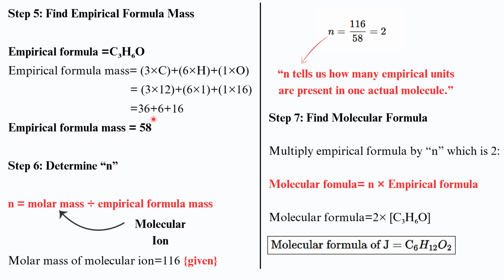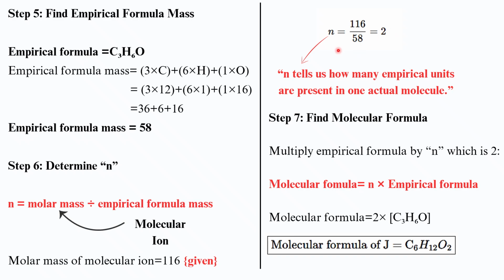Now, after determining the empirical formula mass, the next step is to determine the value of N. The formula that I told you to use is this: N is equal to molar mass divided by empirical formula mass. Molar mass of what? Molar mass of your molecular ion, which was given in the question. You will simply do the calculations, and you will end up with the value of N as 2.